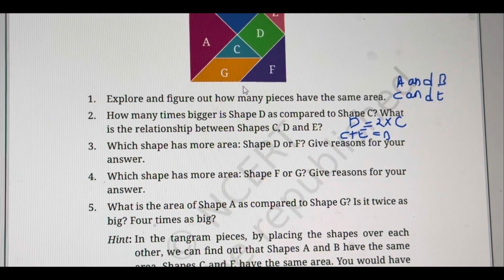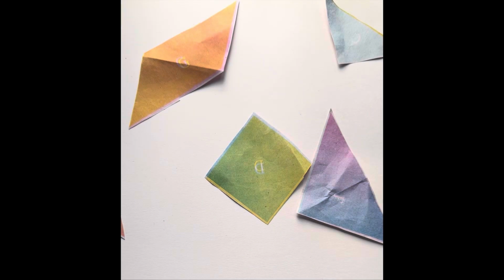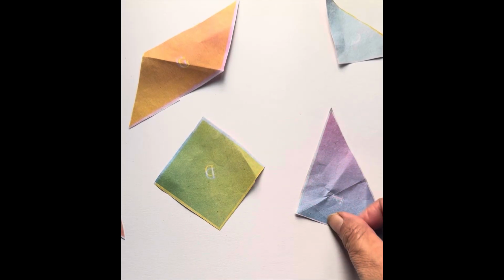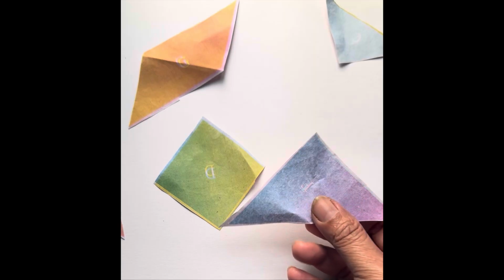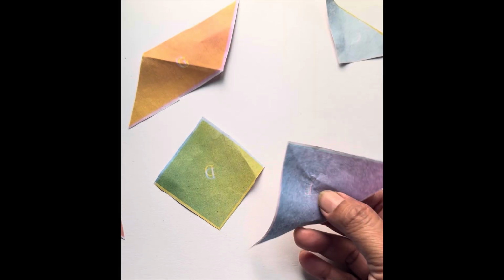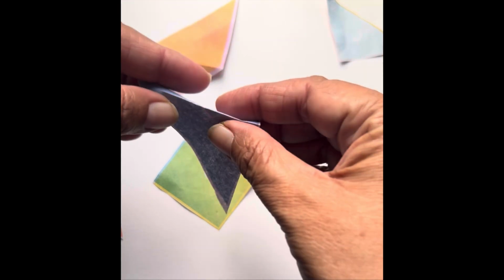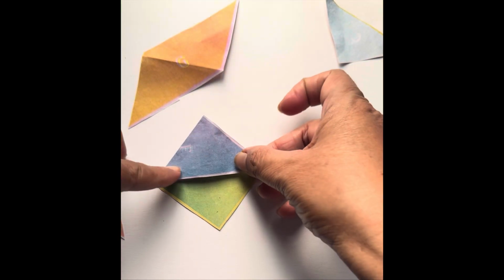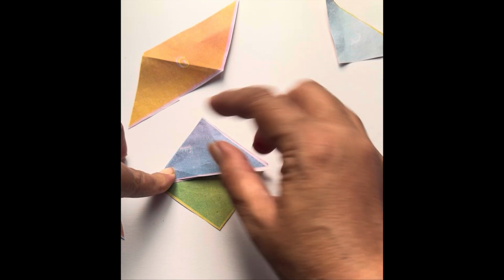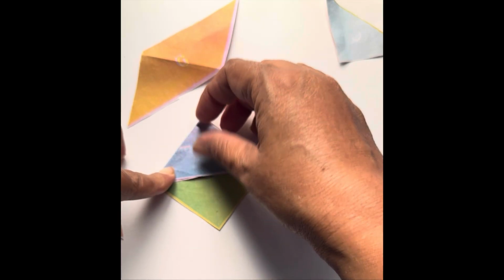Question number 3. Which shape has more area, shape D or shape F? Now if we look at it, both of them look so different, it is difficult to decide. So what do we do? We divide this F into 2 parts, 2 triangles. And if we see, this is half of the square.